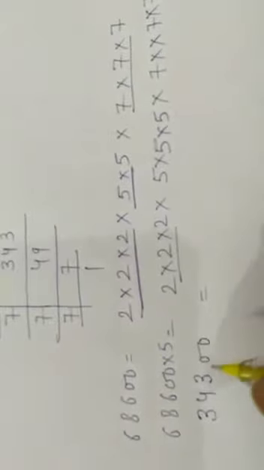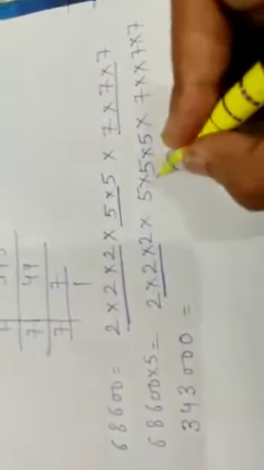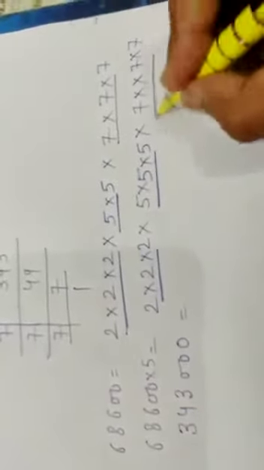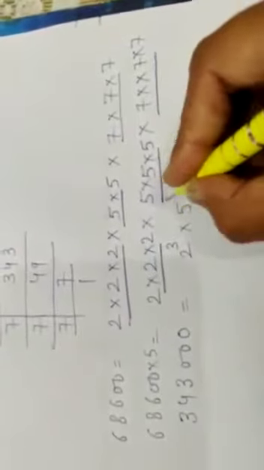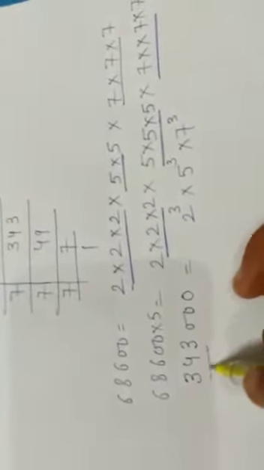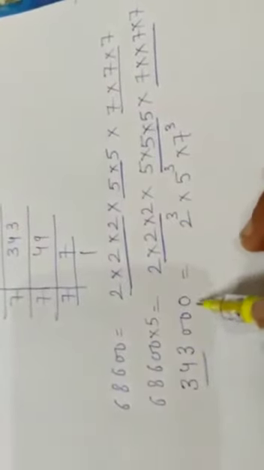It's 343 with triple zeros: 3 times 2, 3 times 5, and 3 times 7. So we can write it like this. Now we know that 343 is the perfect cube of 7. It means 343000 is also a perfect cube.